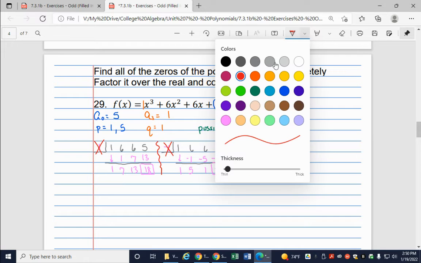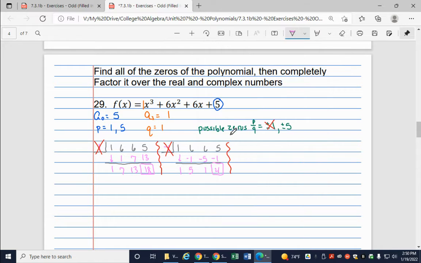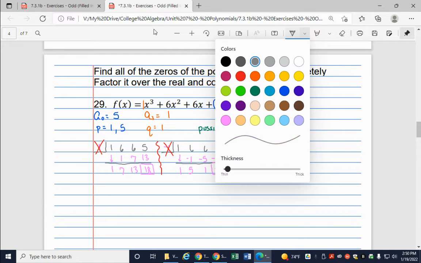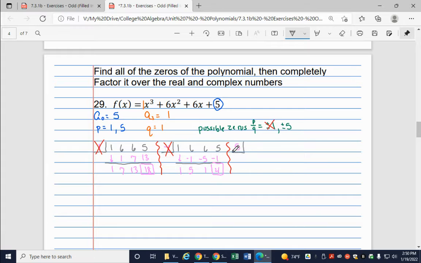Now we still have positive and -5. So I'm going to try +5. 1, 6, 6, and 5.